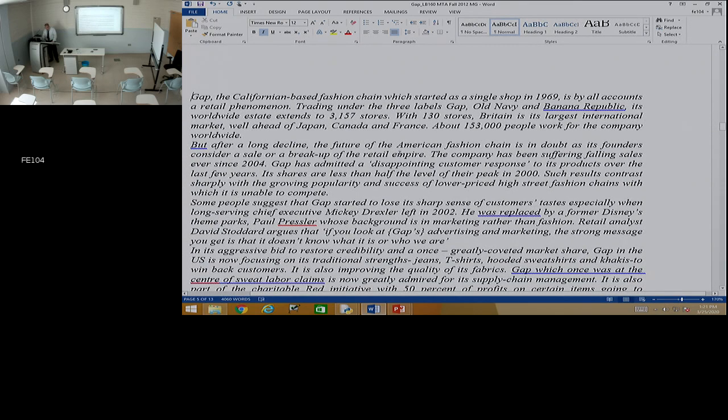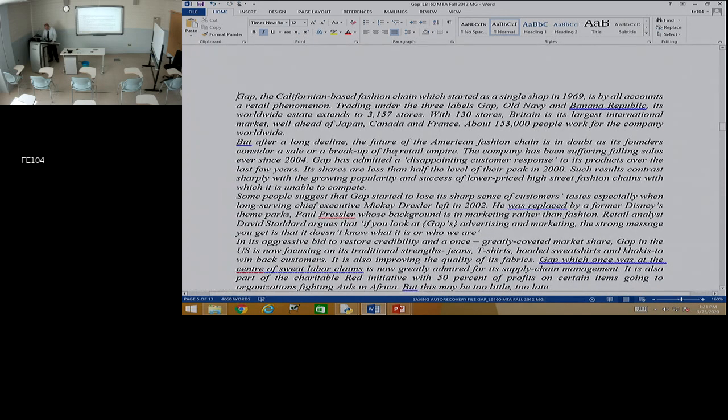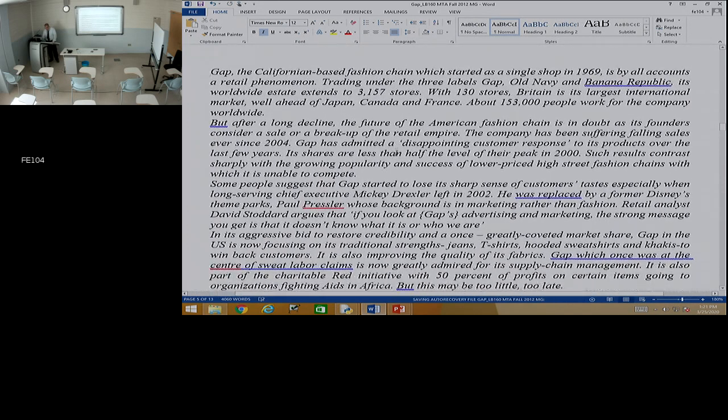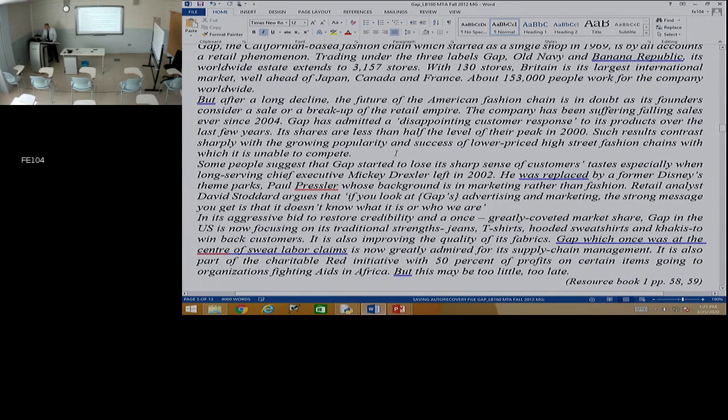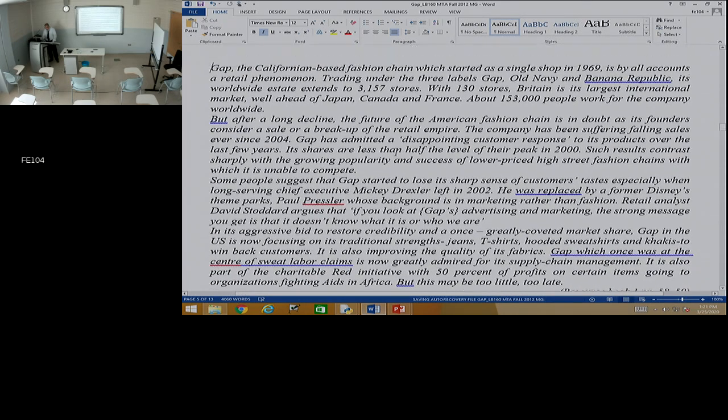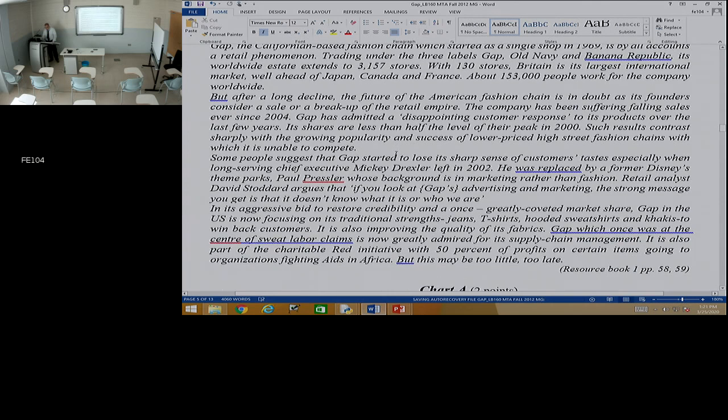If you can see here this text, imagine you have this text.